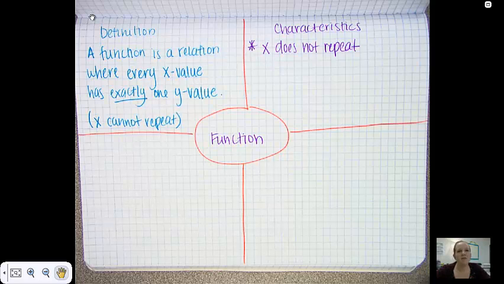So that covers 3 of our representations, but what about the 4th representation, the graph?